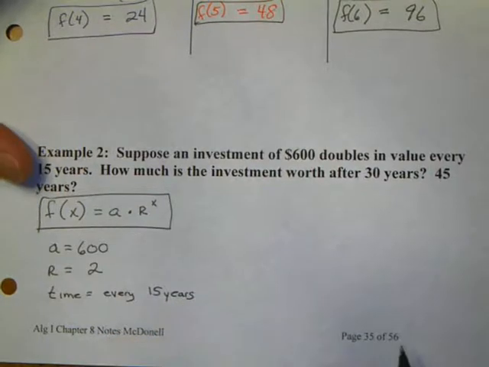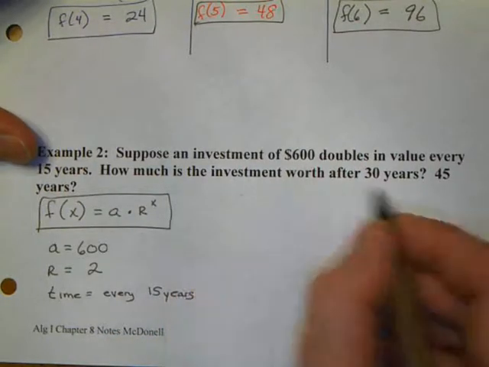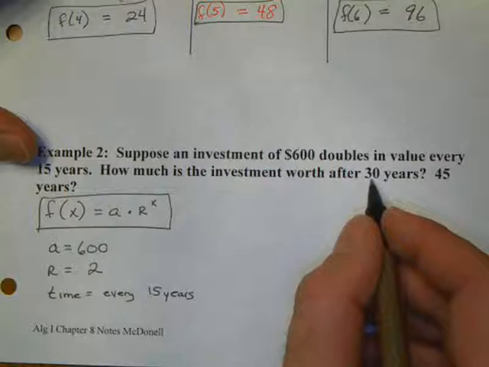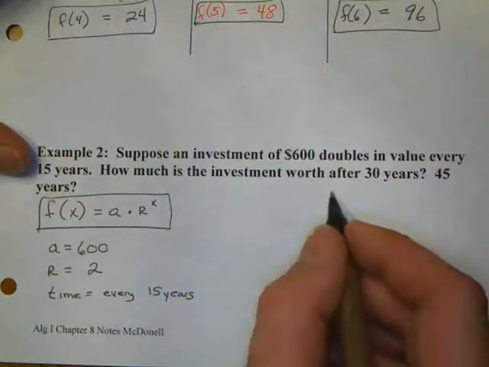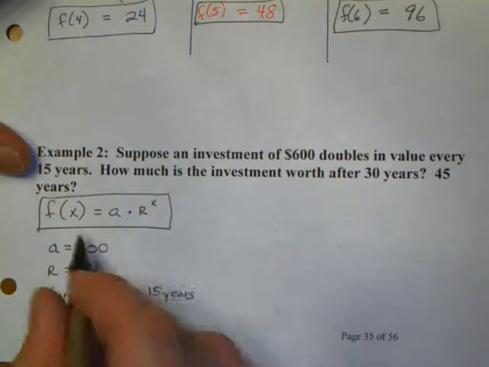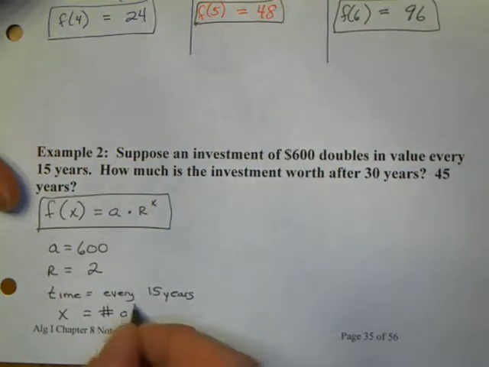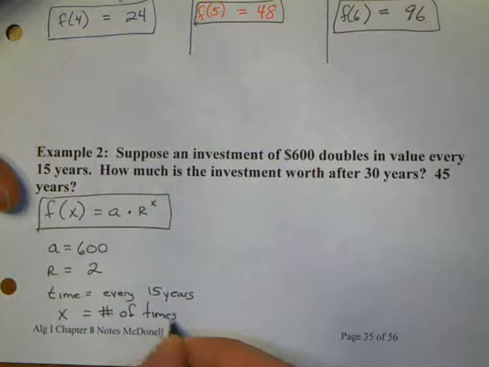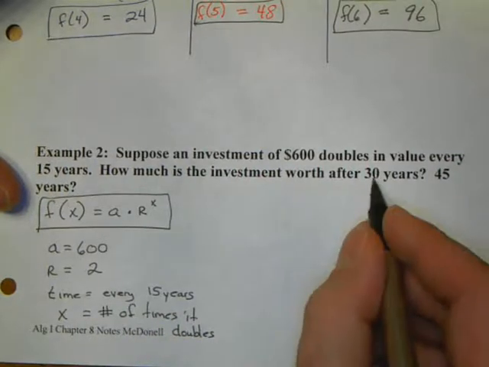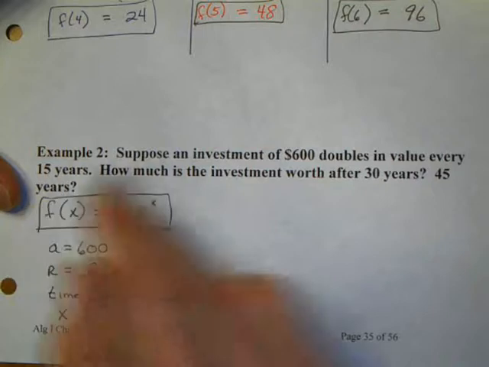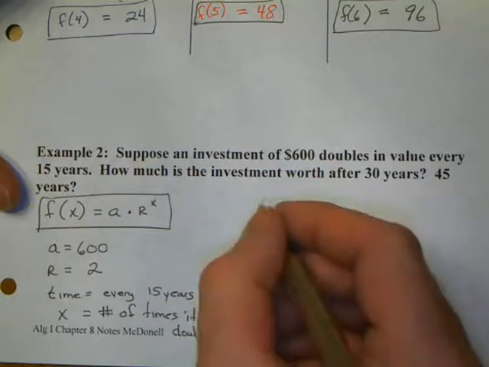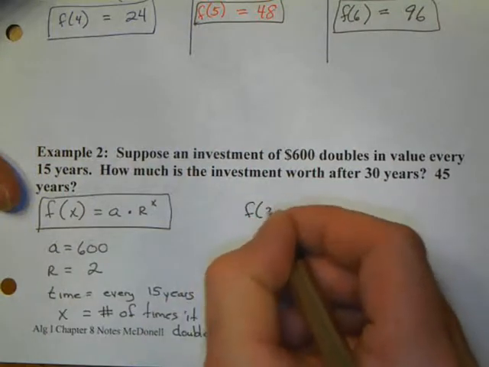How often is it doubling? Well, it's doubling every 15 years. So our time is every 15 years. Let's take a look at what this is. As we're thinking about it, after 30 years, how many times is that doubled? In other words, x represents the number of times it doubles.